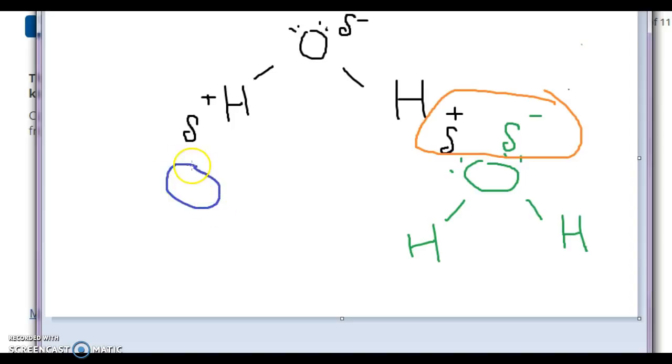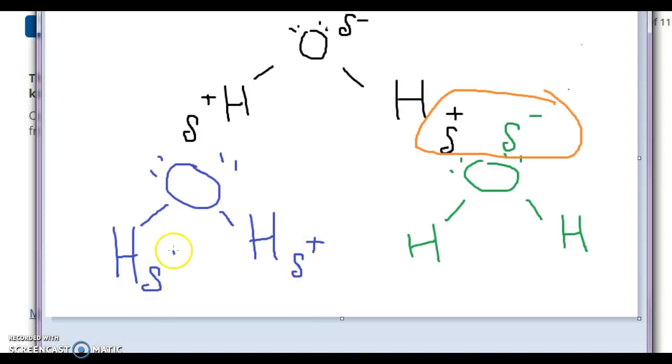The reason we get those nice, pretty shapes is because of the intermolecular forces. The water molecules line up because of their partially positive and partially negative ends. And right here we would have another oxygen, and it would keep going. So in a solid we have this nice beautiful structure.